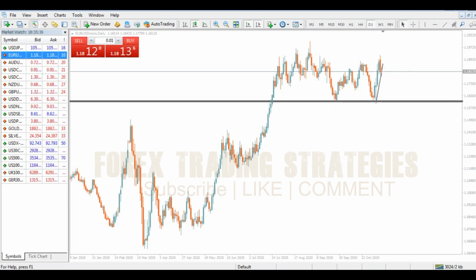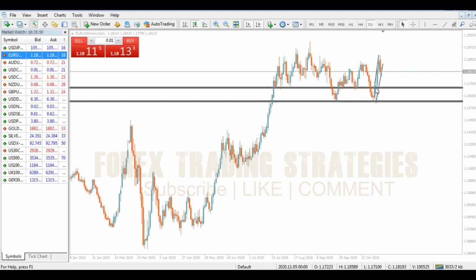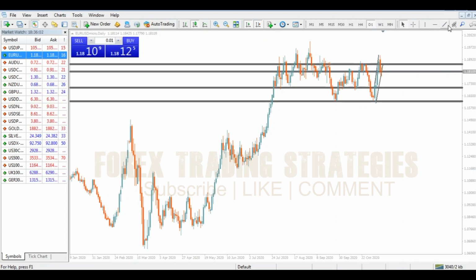It's still support and resistance, because there is our support and we can have this as our resistance, and where this is our support we can have that as a resistance. This is support and that is resistance, and it goes on and on.